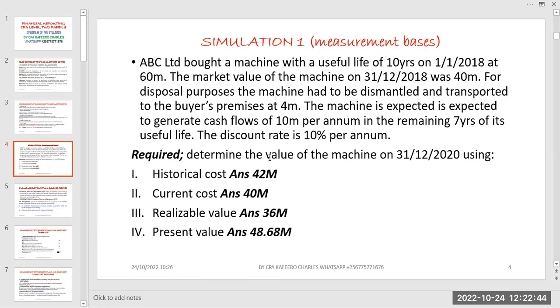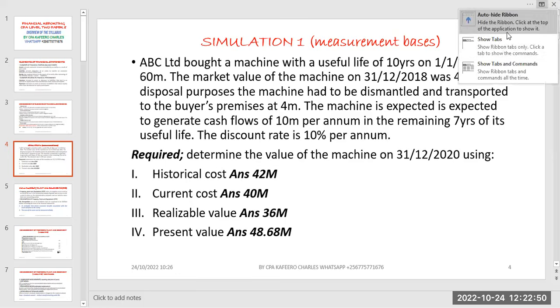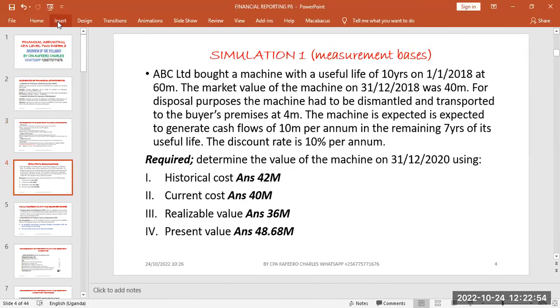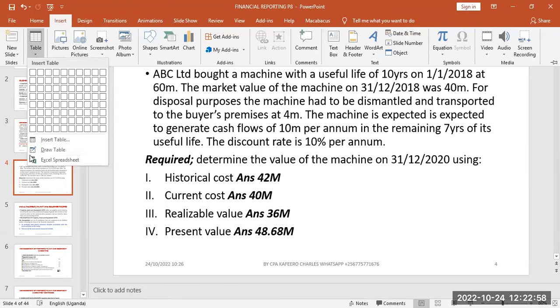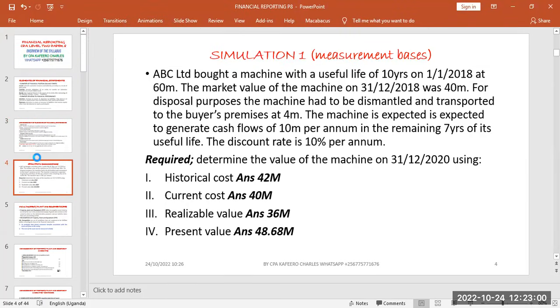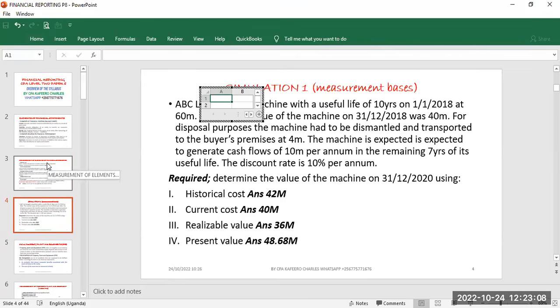So I can go into Excel here and insert an Excel sheet, so that we'll be able to do that.